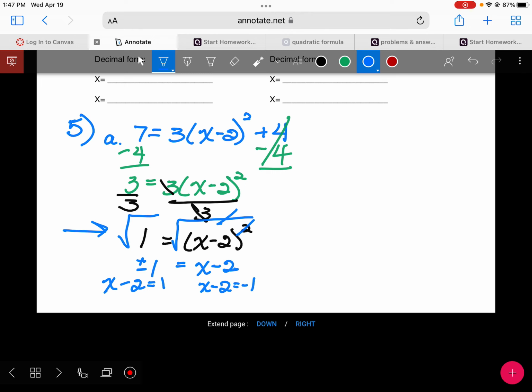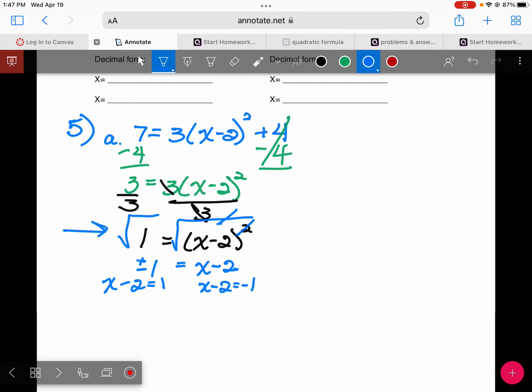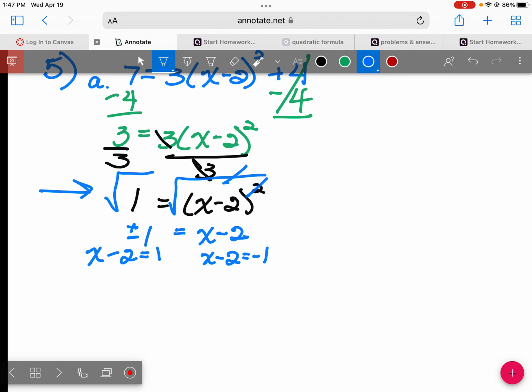We're solving for x. So add 2, the 2's cancel out. x is equal to 3, and add 2, x is equal to 1, right?